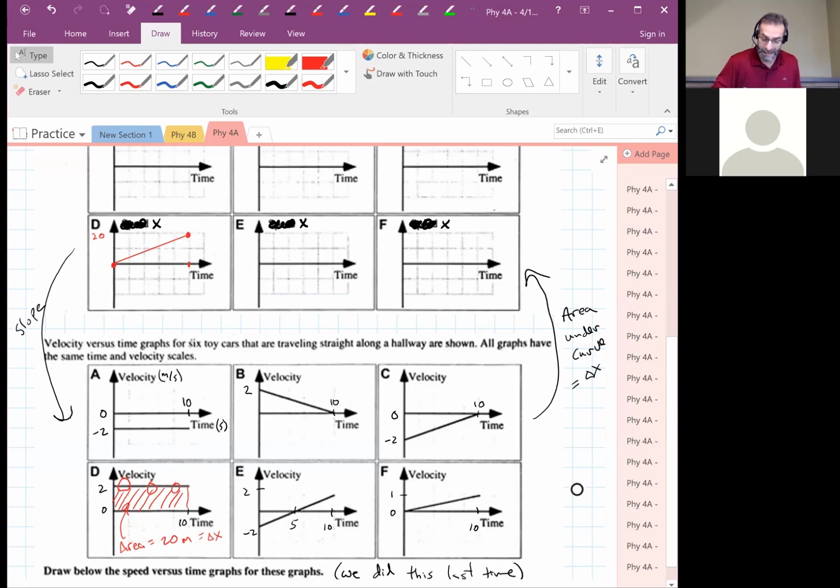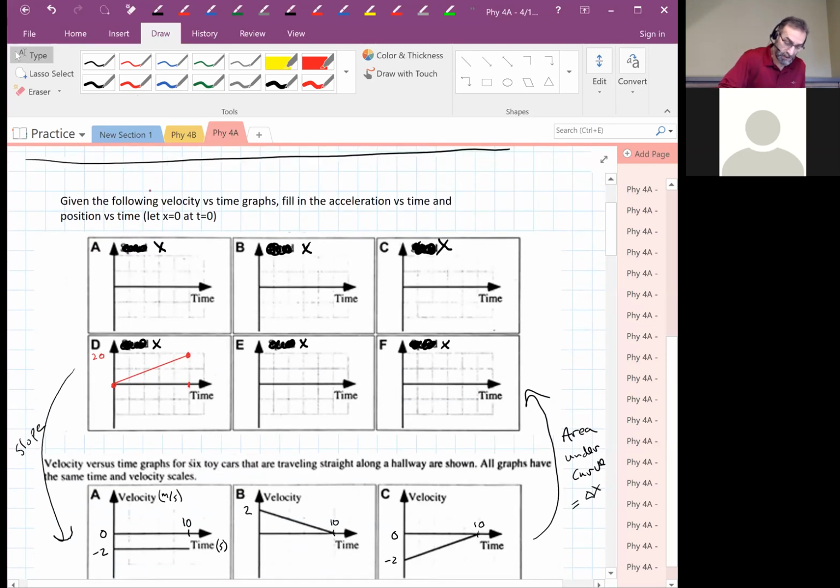Now, if we were not given this initial condition, if we weren't told where it was at t equals 0, then we could all have different answers. Because the area under the velocity versus time curve only tells you the change in position. It doesn't tell you any absolute number. You have to know something along the way, where you started or where you ended. So one of us might have had this graph here.